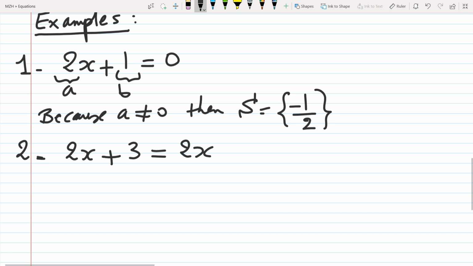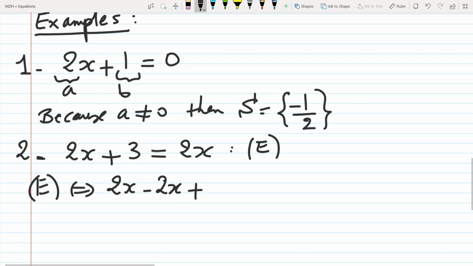So if we name this E, we're going to say that E is equivalent to 2x minus 2x plus 3 is equal to 2x minus 2x. What I did is I just added minus 2x to both sides.